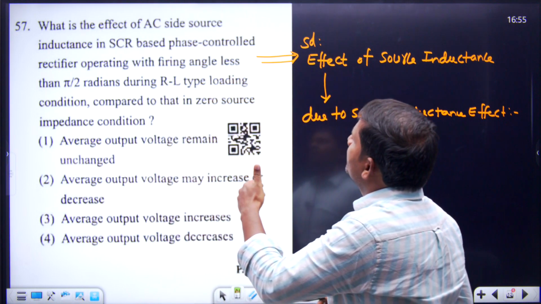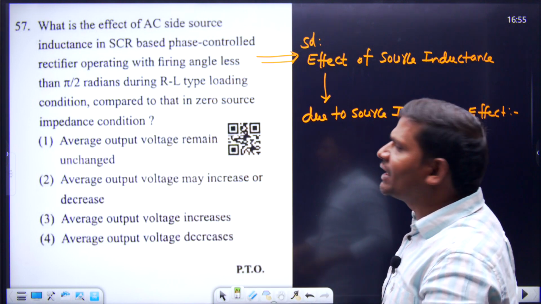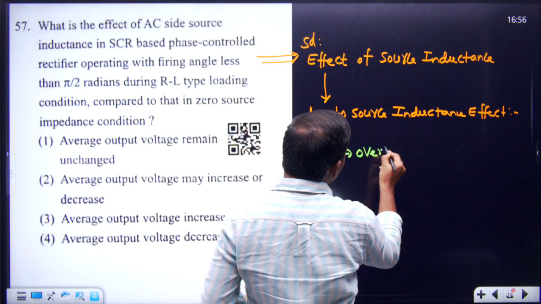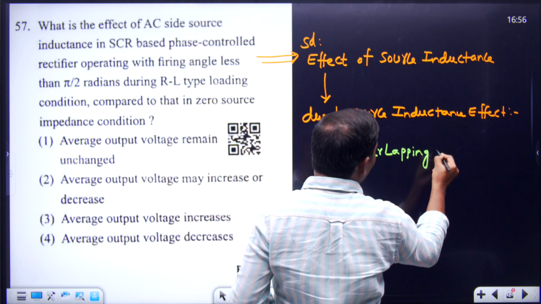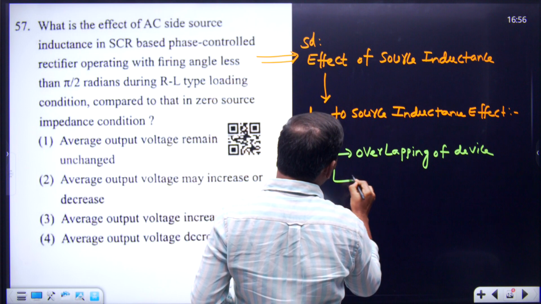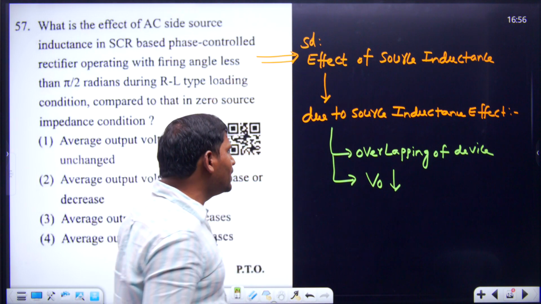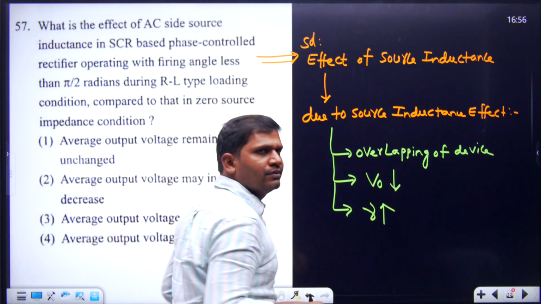Given is the effect of AC side source inductance in an SCR based phase control rectifier. That is one effect. Next, the average output voltage decreases. And one more effect is that the conduction angles increase.